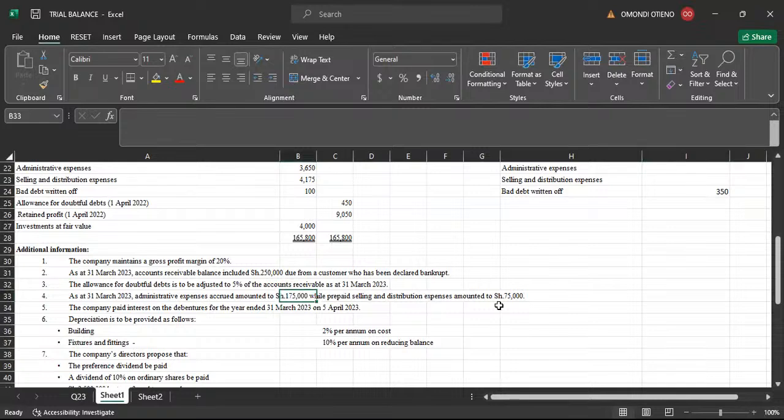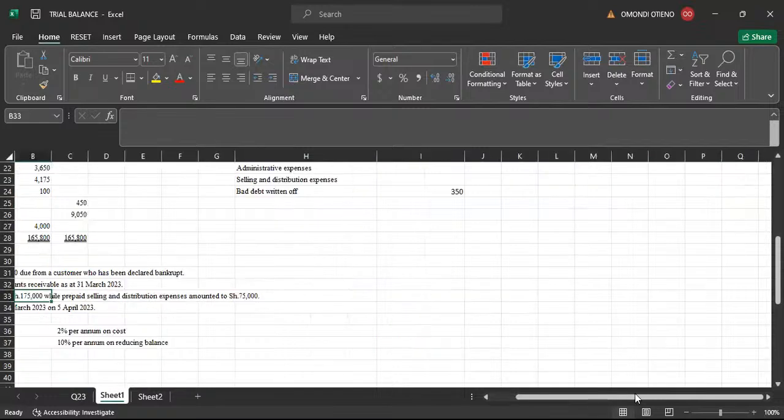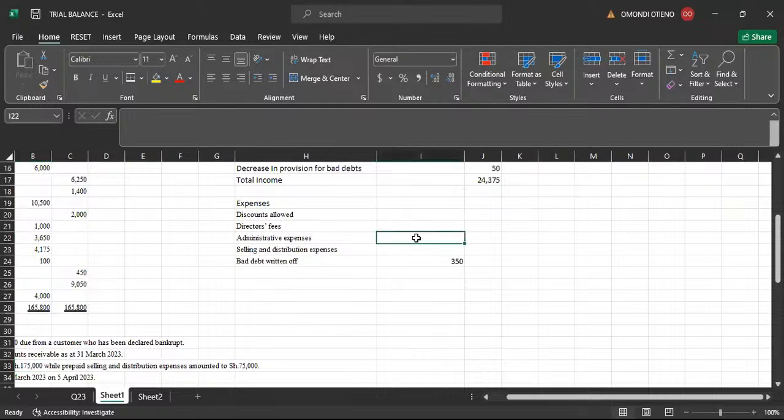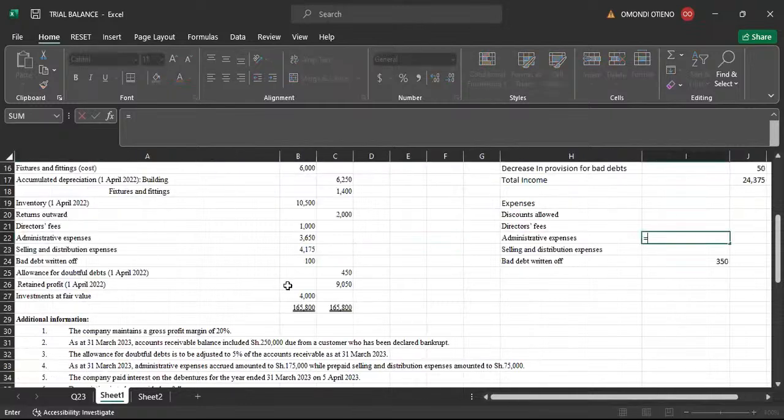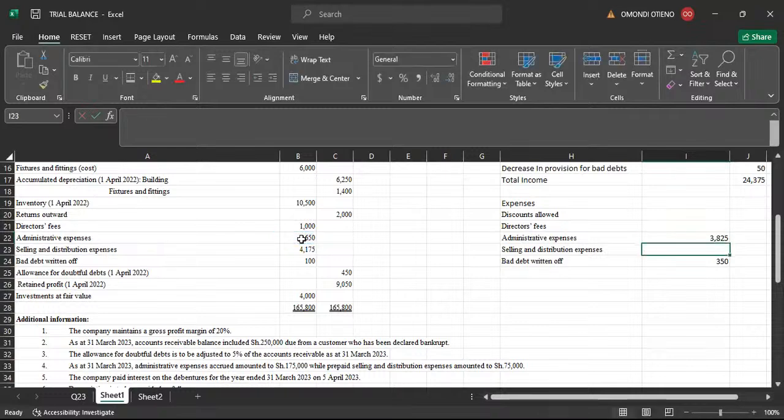Of what value? 175. So first of all, it increases the expense amount here for the admin, and then the accrued amount will be taken to the liability section, the current liabilities, accrued expenses. So we add 175 to it.